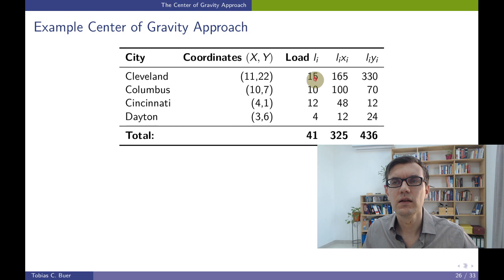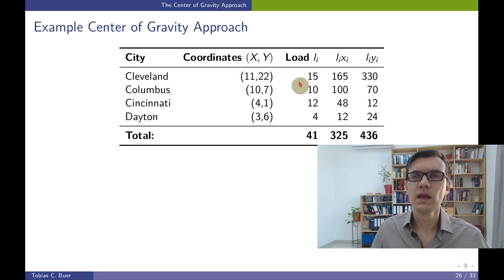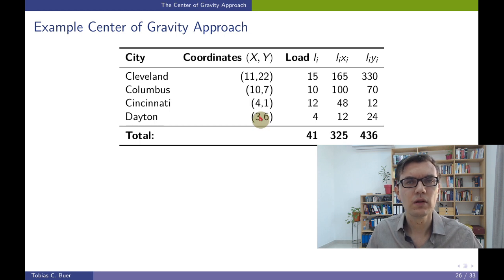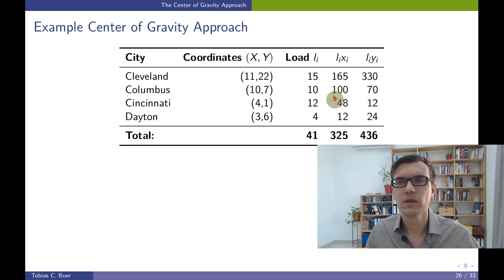I calculate the load times 11, which is the x coordinate of Cleveland. I calculate 4 times 3, because 3 is the x coordinate of Dayton, and the result is 12. I repeat this process for the y coordinate. For example, 7 times 10 equals 70.